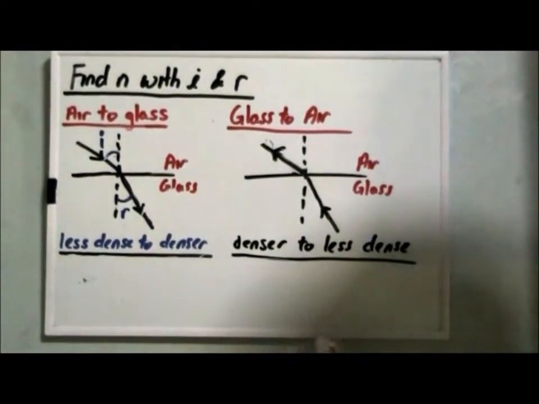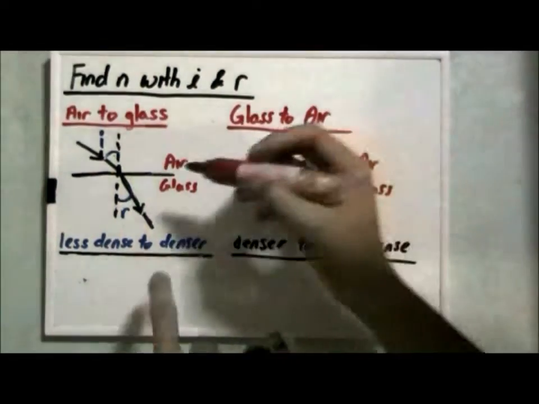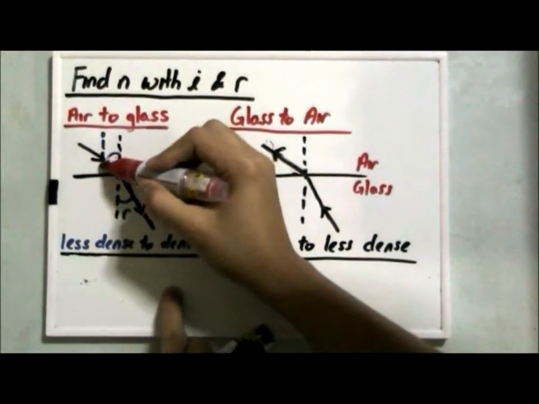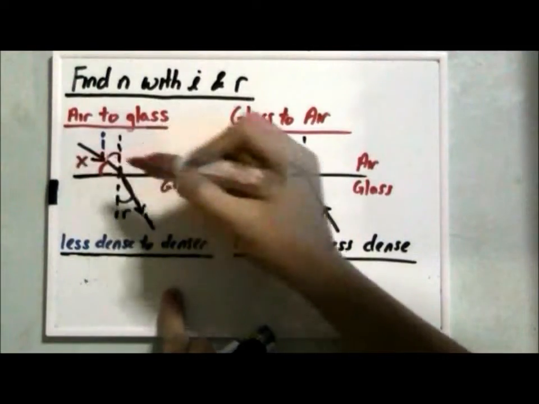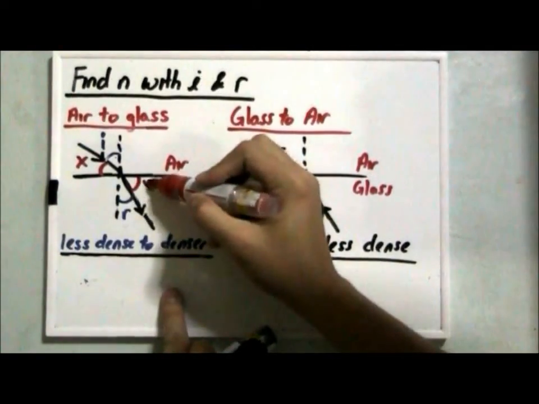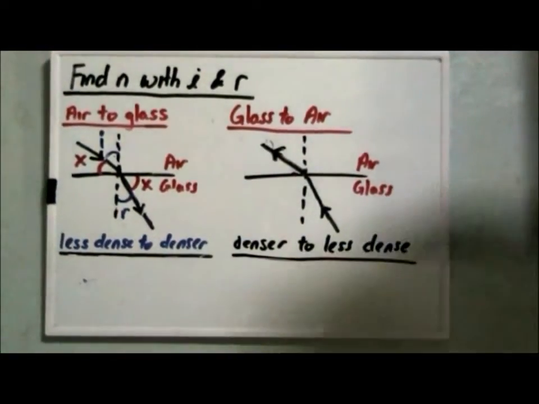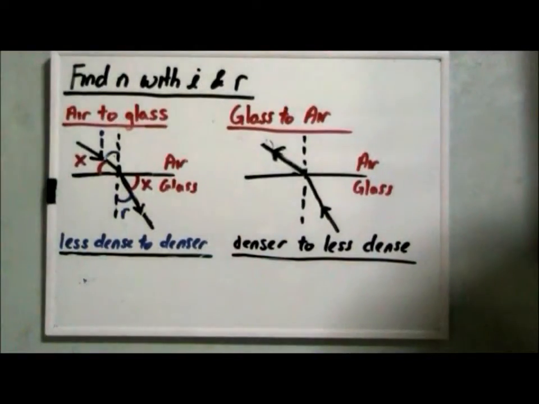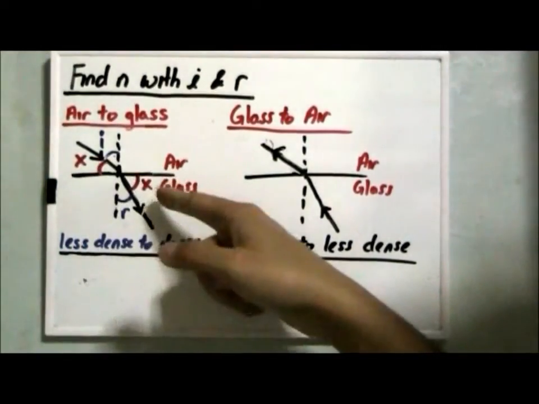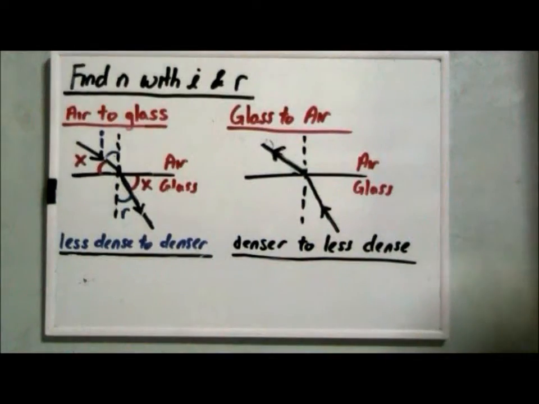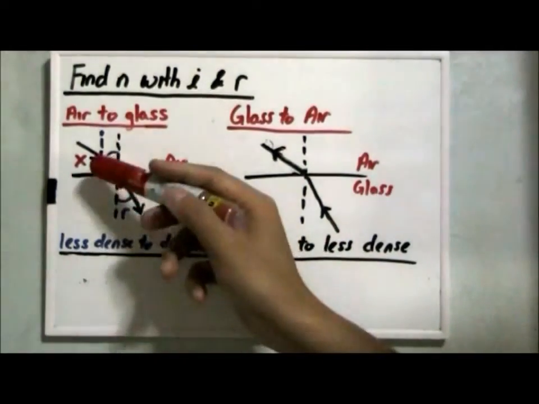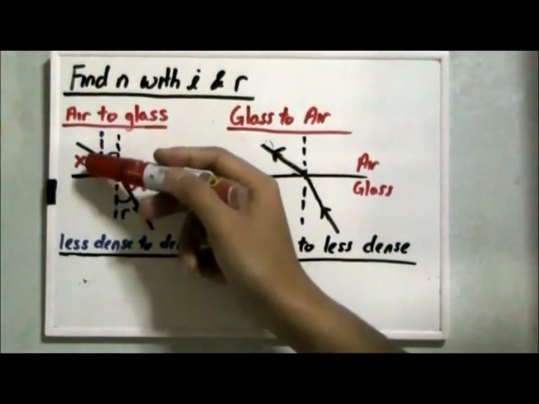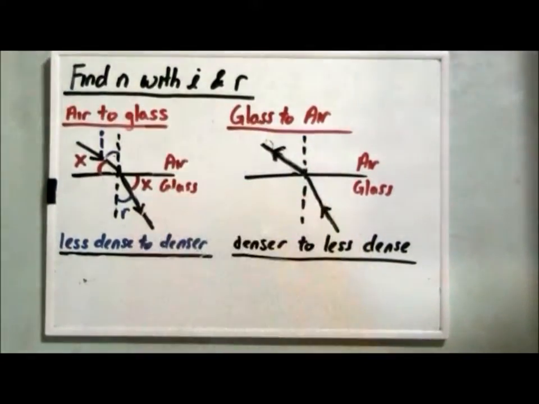There are another 2 angles here indicated by the red marker. These 2 angles are useless angles, and sometimes the questions will give you these two useless angles to confuse you. So what do you do when they give you this kind of angle? You have to take 90 degrees minus the angle to find angle i or angle r.